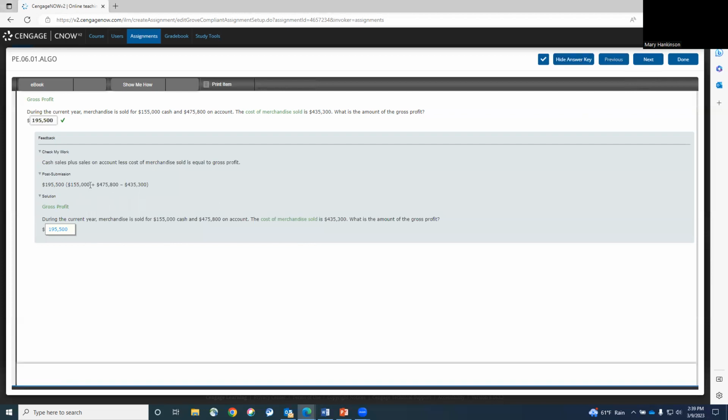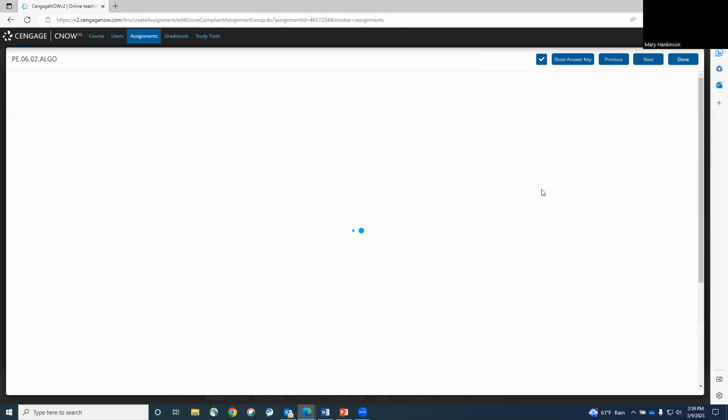So here we can see how the solution is solved. Again, you would add both of the sales, the cash sales and the on account sales together to come up with your total sales. And then you subtract out your total cost of goods sold. And this gives us our gross profit of 195,500. Okay, so let's go ahead and move on to the next problem.